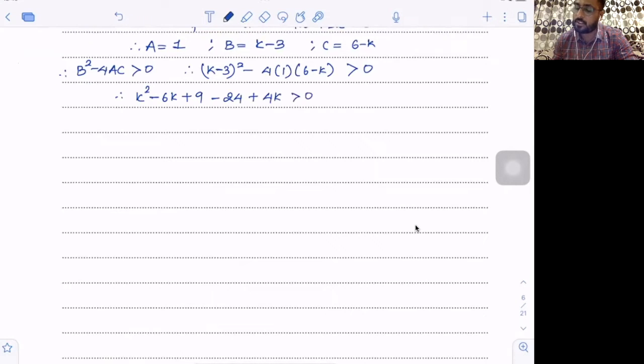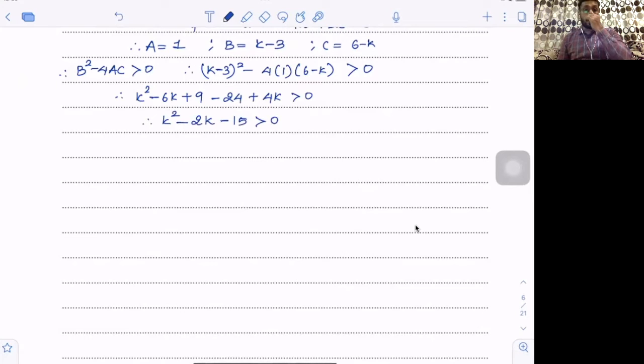This is greater than 0. So I get k square, then you have minus 6k and plus 4k, so that's minus 2k, and then plus 9 and minus 24, so that should give you minus 15, right? You can make use of a calculator if you have to, students. So k square minus 2k minus 15 greater than 0.